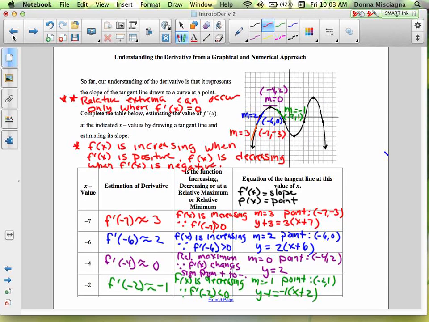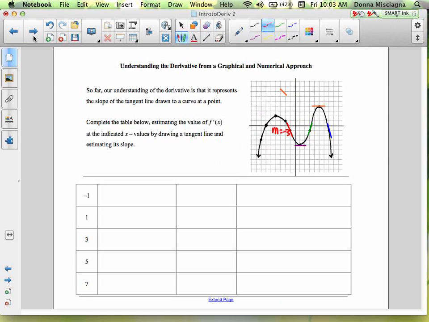As a reminder, it said estimation of derivative. Actually, we'll just fill in one line at a time. So this is estimation of derivative. All right, so f prime of negative 1 was about negative 3.